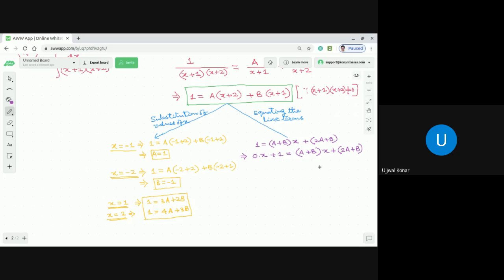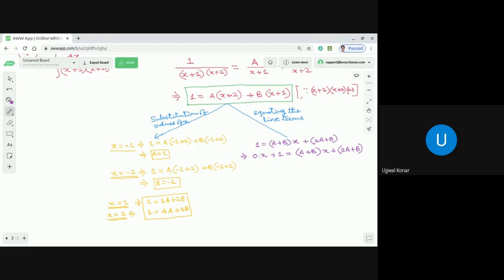Now, as we just discussed, in an identity the coefficient of x cube on the left-hand side should equal the coefficient of x cube on the right-hand side. The coefficient of x square on the left should equal that on the right. The coefficient of x on the left should equal that on the right. The constant term on the left should equal the constant term on the right.